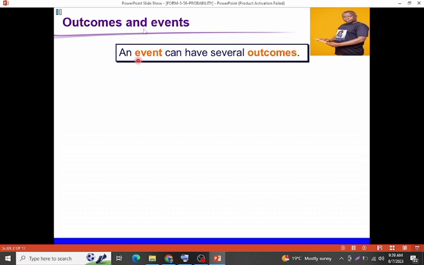What are outcomes and events in relation to the topic of probability? This is not the first time you are meeting this topic.